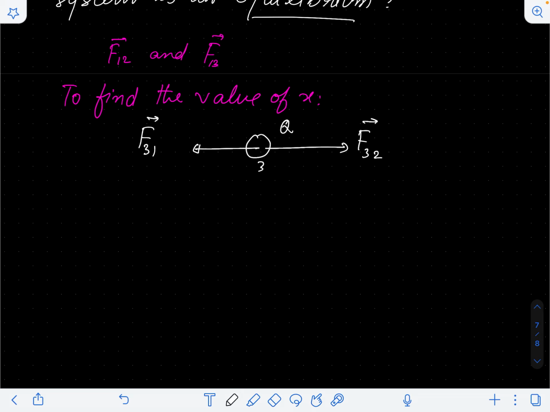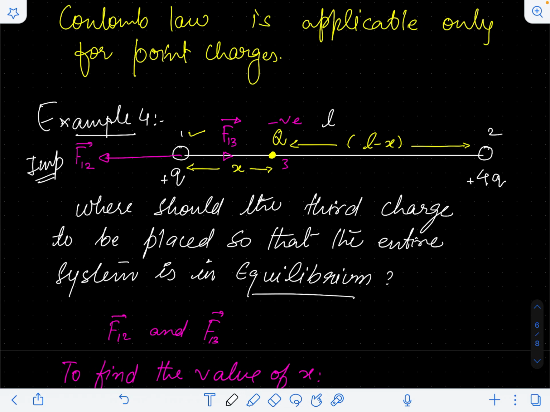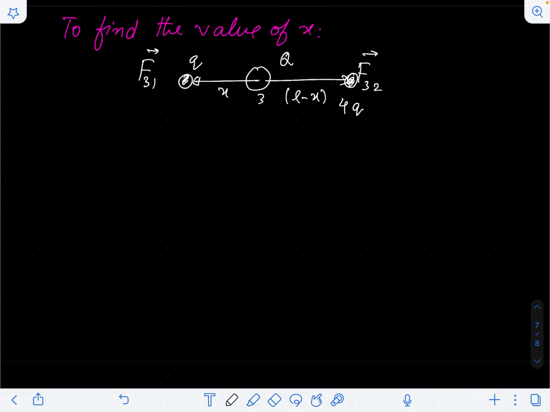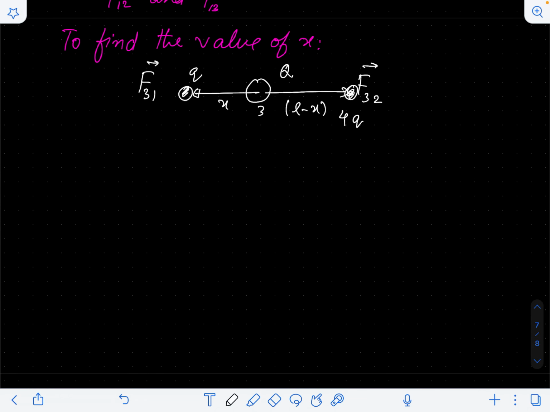According to the diagram, there is one charge q, and another charge having magnitude 4q; this distance is x, this is L minus x. Their magnitudes must be equal.